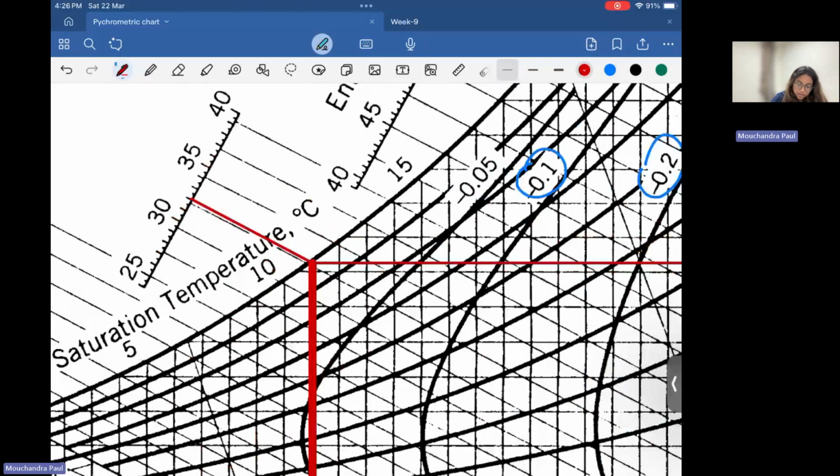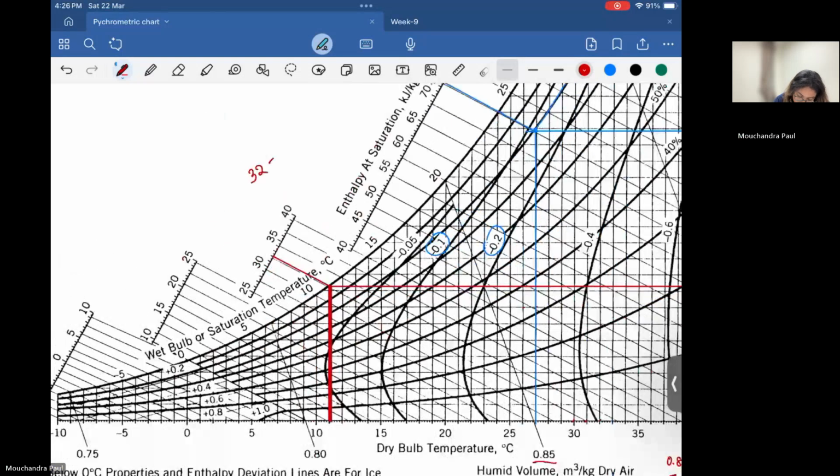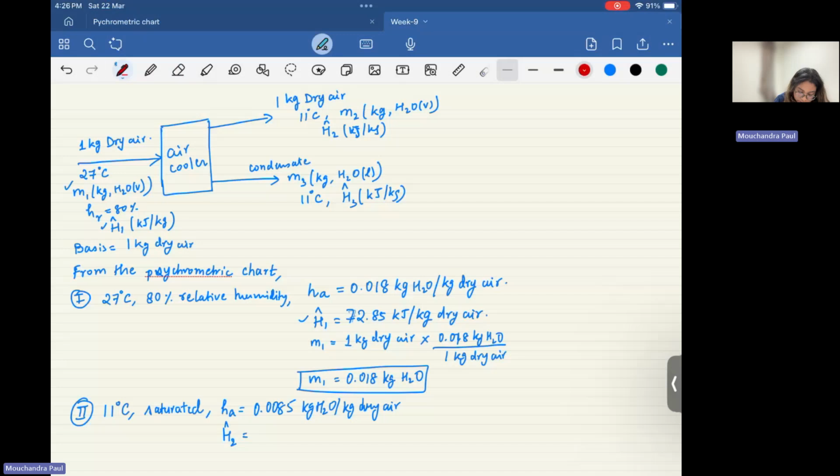Close to 32 is the enthalpy at saturation minus. Now this point here, yeah, it's 32, right? So that is your enthalpy.